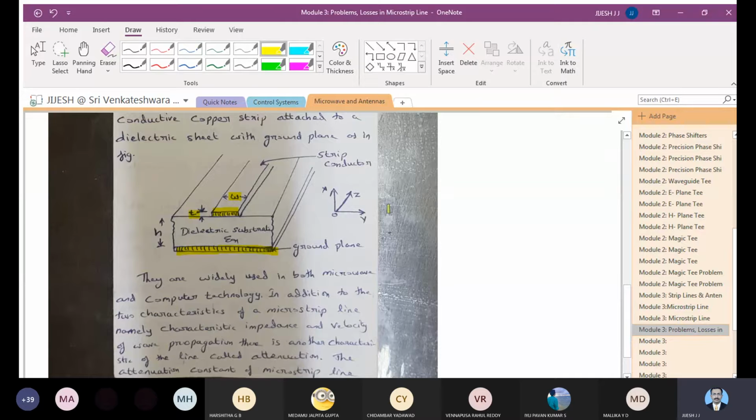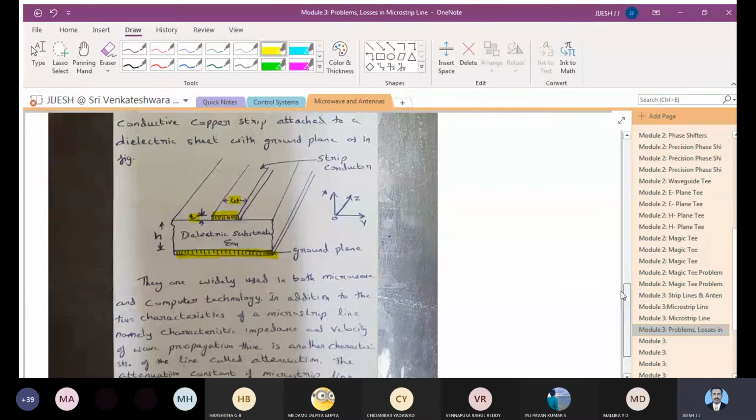So have you completed this figure? I hope so.